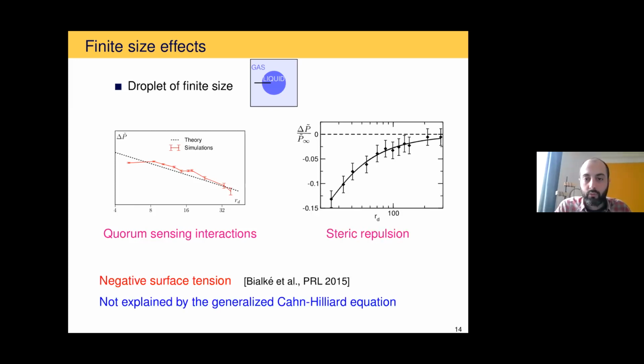If you look at the same quantity for the model with steric repulsion, you actually find that this pressure difference is negative. That has been interpreted as a negative surface tension and was first observed by Bialké and collaborators in 2015.